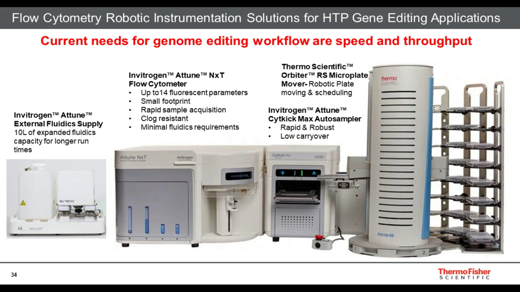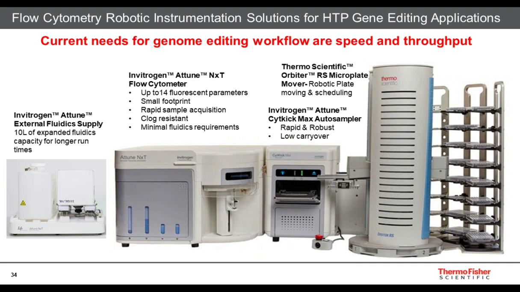And flow cytometry really enables that. So here I have the Attune highlighted. You can analyze up to 14 parameters. It's very small. You can even put it in a hood. It's very robust and clog resistant. From a fluidic standpoint, it is very straightforward and does not use a lot of fluidics.